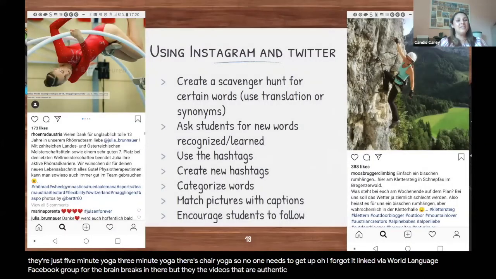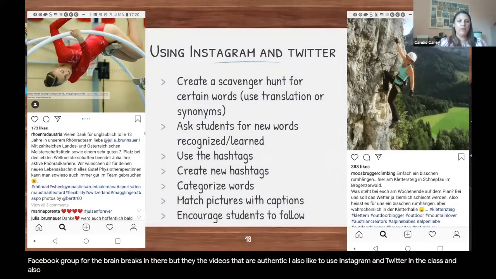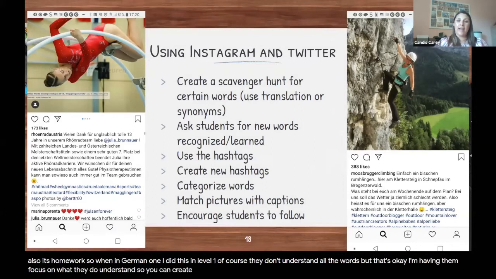Okay. I also like to use Instagram and Twitter in the class and also as homework. So in German 1, I did this in level 1, of course, they don't understand all of the words, but that's okay. I'm having them focus on what they do understand. So you can create a scavenger hunt.